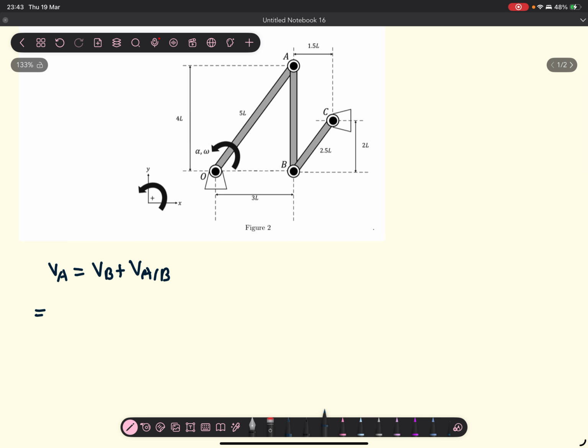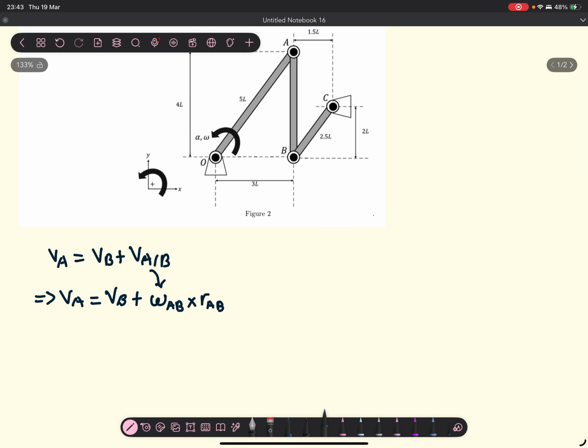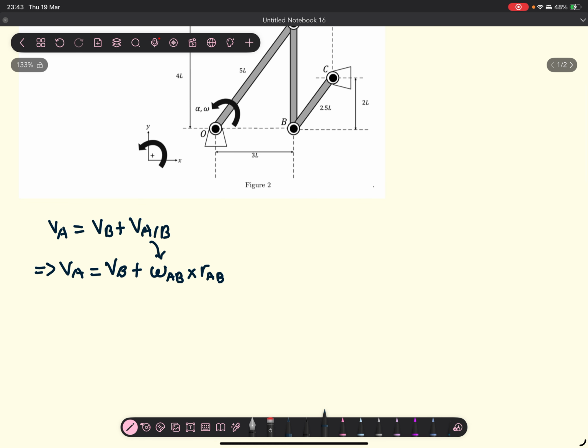Cool. Then we can break this down and say VB, and the relative term will break down into omega AB crossed with R AB, right? Cool. Note that this is only true for 2 points on the same rigid body.